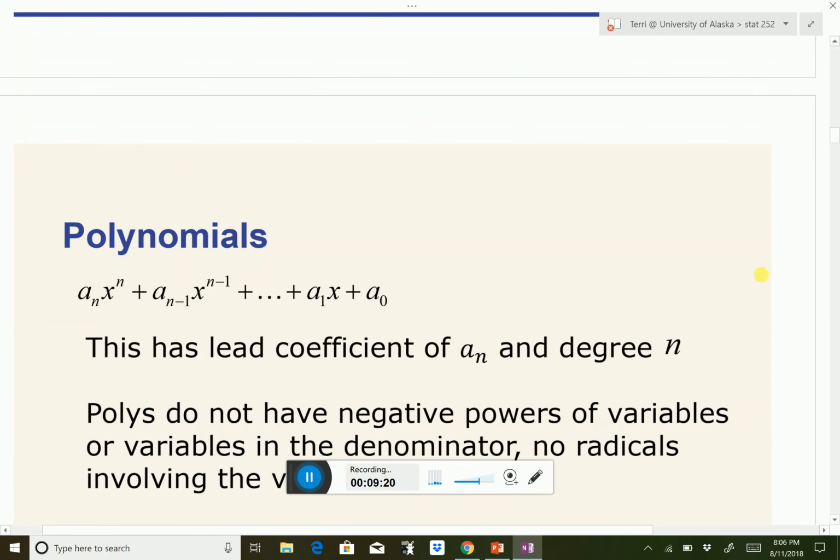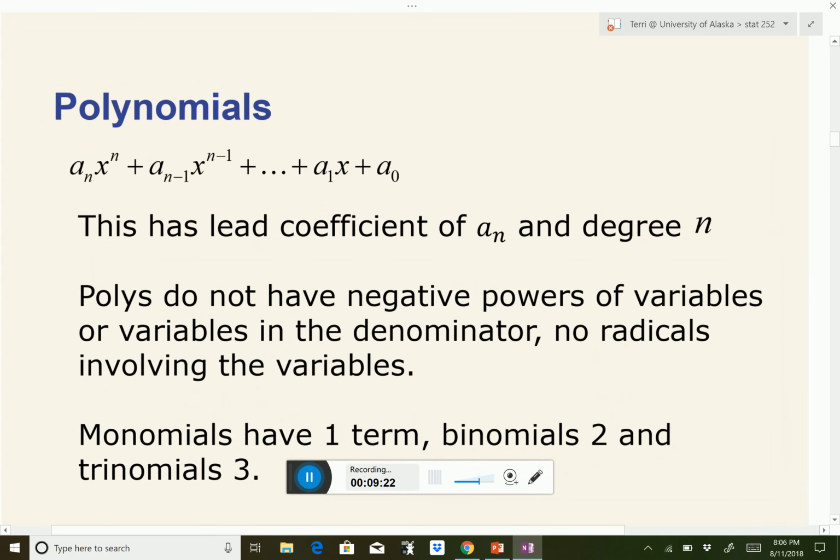Okay, so let's move on to polynomials. So a polynomial looks like this form. So you'll notice that this a to the n, this is just some constant. And a to the n minus 1, another constant. And a1, a0.